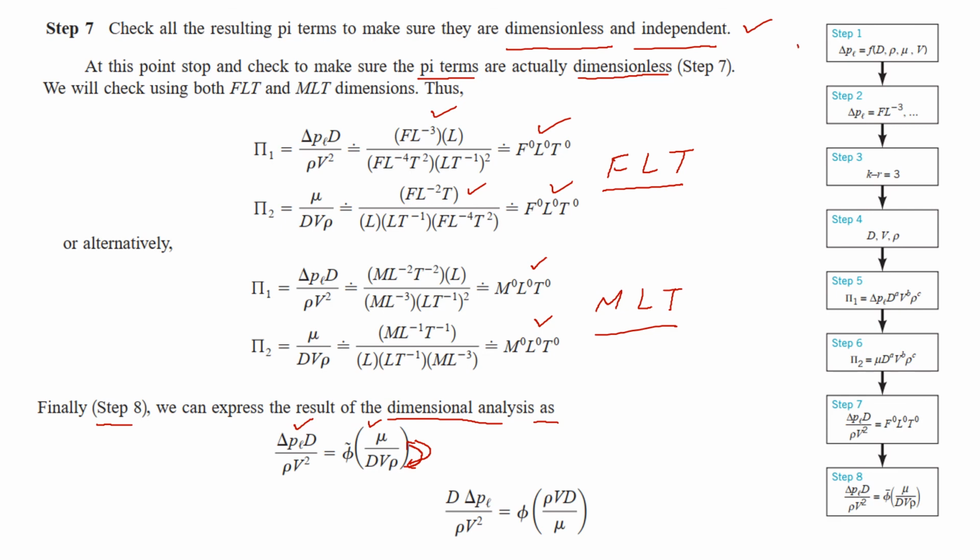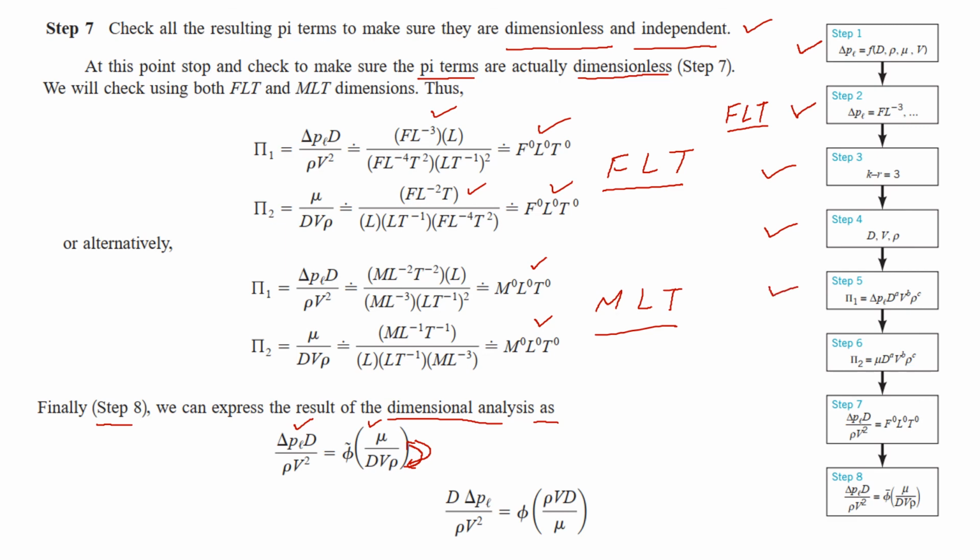Initially we identified our key variables, both our dependent and independent variables. Then we wrote them in our reference dimensions form, or basic dimensions form, that was our FLT. Then we identified our pi terms by using the Buckingham Pi theorem. Then we identified our repeating variables.